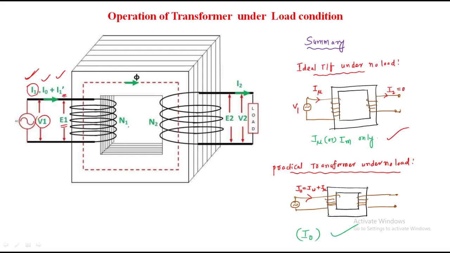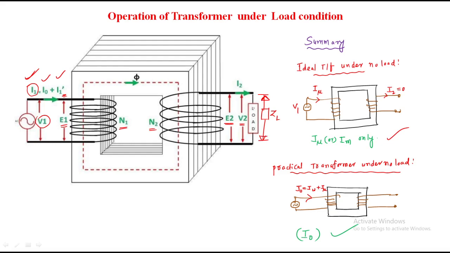Self-induced EMF E1 and primary turns N1, secondary turns N2 and mutual induced EMF E2 and terminal voltage V2, because we have a load. The load could be a pure resistive load or inductive load or capacitive load.